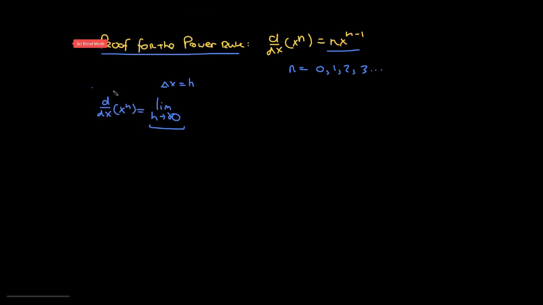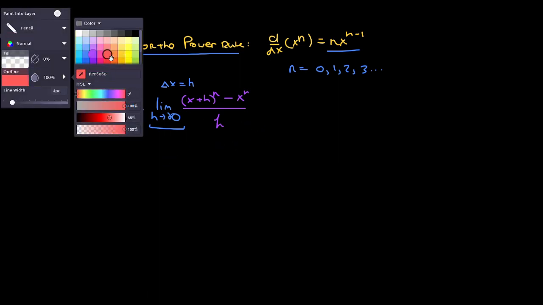It's just a little bit more formal way of writing it. And then we'll have our fraction here: x plus h, that's the input, and we have to raise it to the nth power, and subtract out x to the n, and then we have to divide by h. There we go. Okay, and now we'll use the binomial theorem.